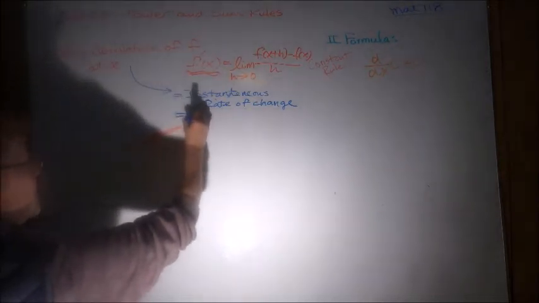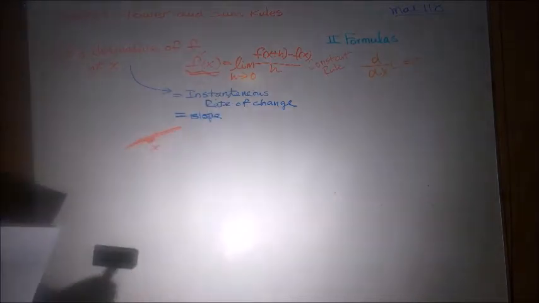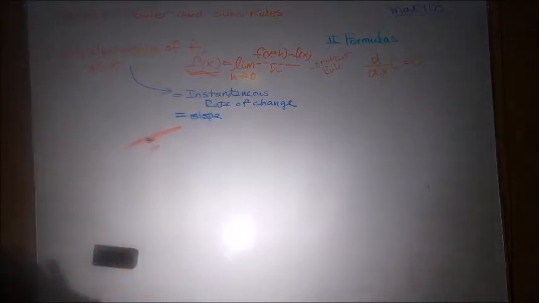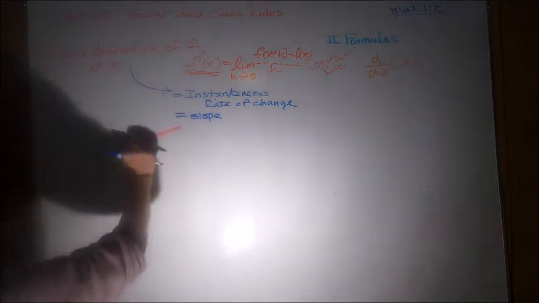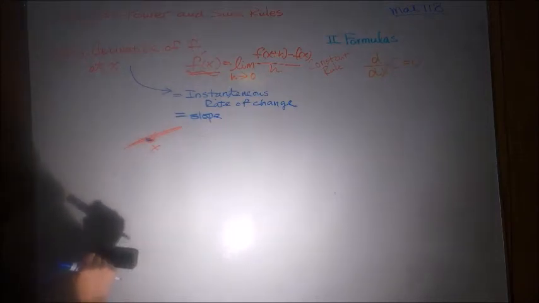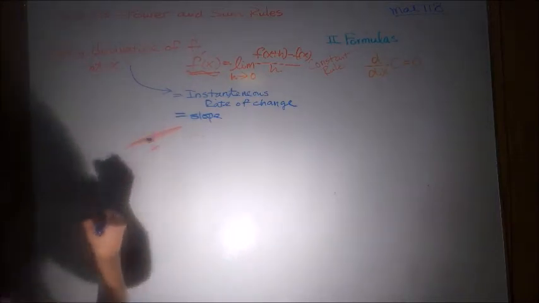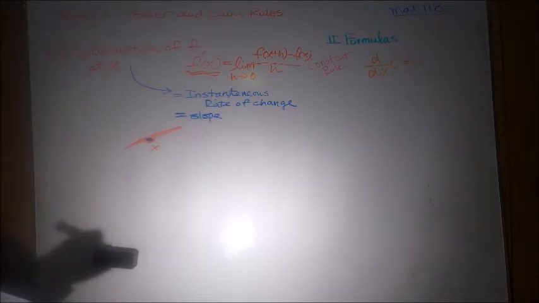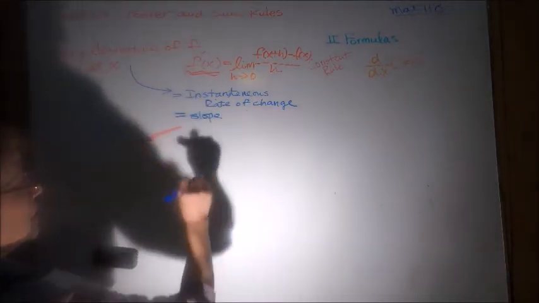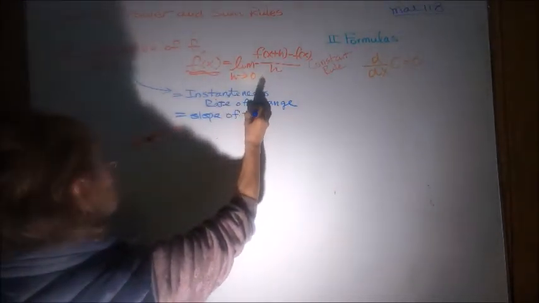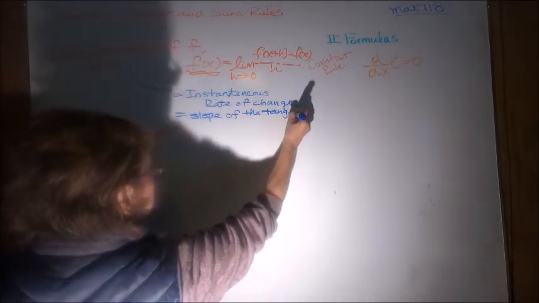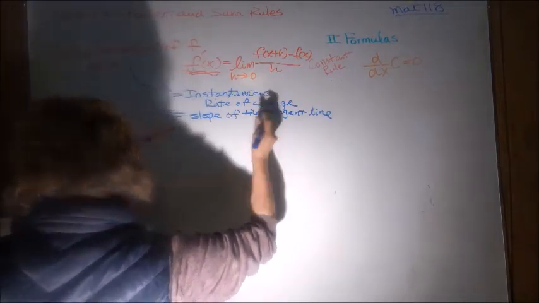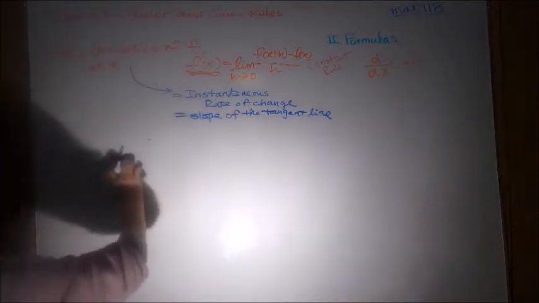That means at this point, f of x, the y is bounded by this, okay? And at that time, what kind of change would it be? We call it the instantaneous rate of change. Also, it's the same thing as the slope of the tangent line at that point. Okay, that's on your page 26.